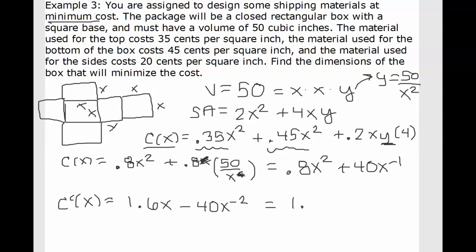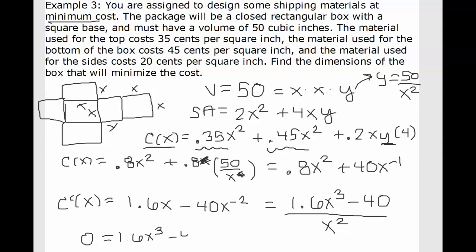So it's going to become 1.6x cubed minus 40 all over x squared. Finding our zeros gives 1.6x cubed minus 40.